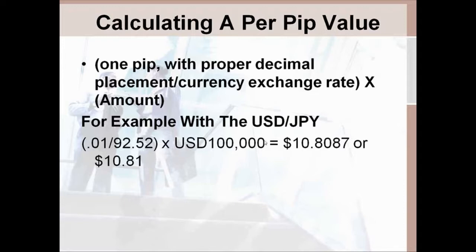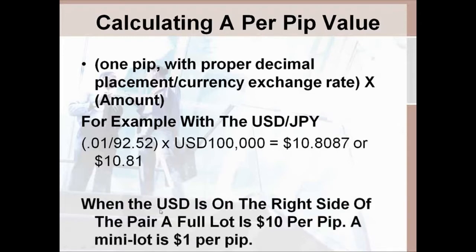So if we were trading 1 full lot, it would be 100,000. So in this case, it's going to equal $10.87 per pip. And it's important to note that this is only necessary if the US dollar is on the left-hand side of the currency pair.